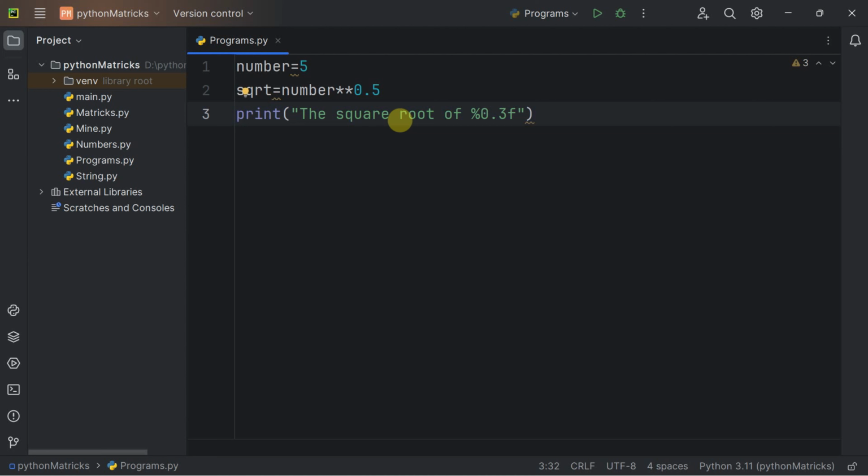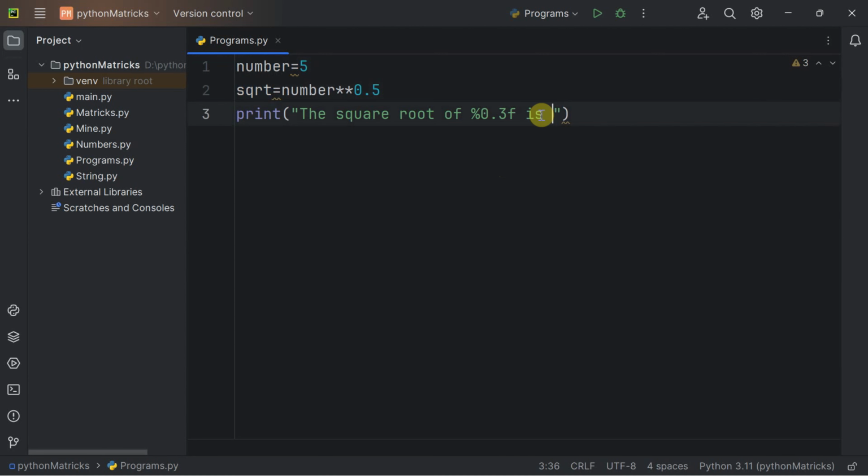So this is the placeholder of a number, and you're going to write the placeholder of the square root.